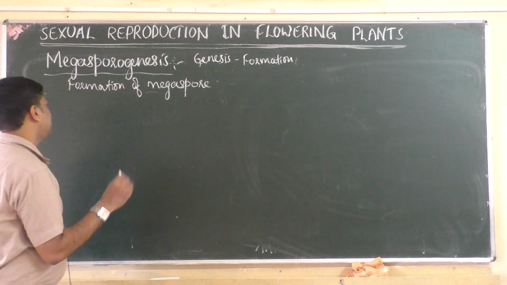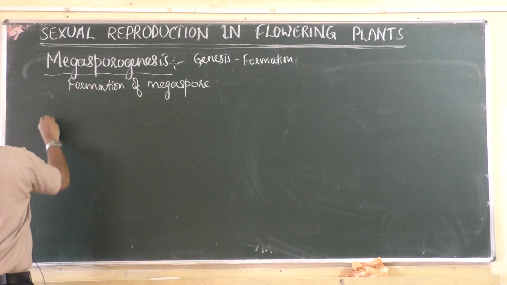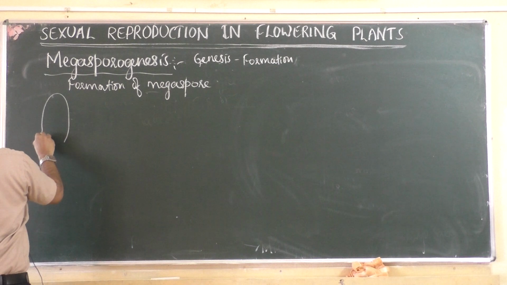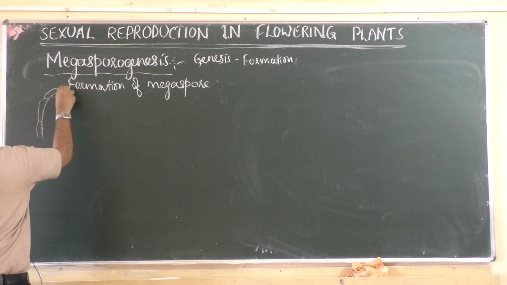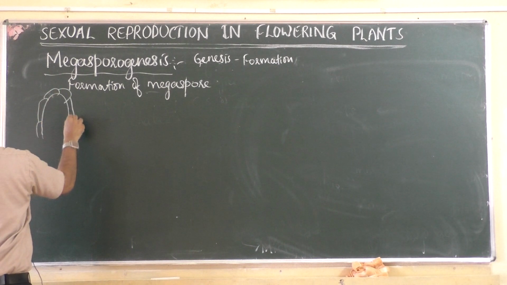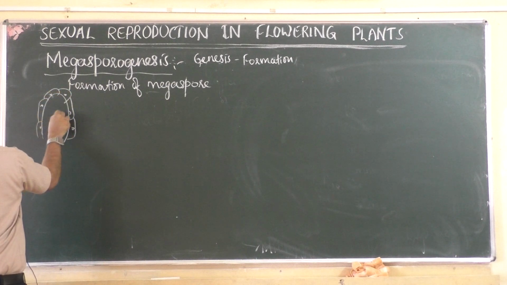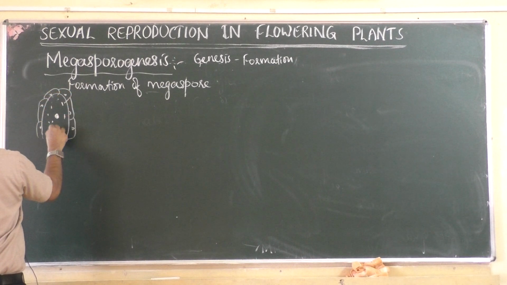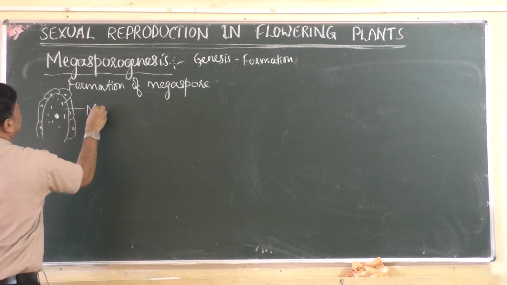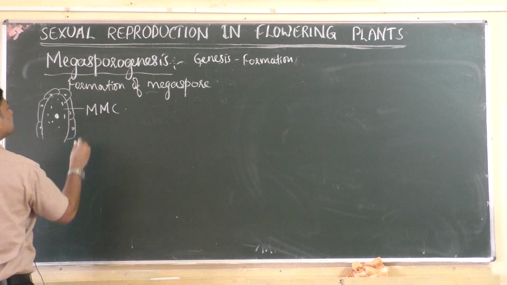The first stage will be a single cell. This single cell is called the megaspore mother cell, MMC in short.